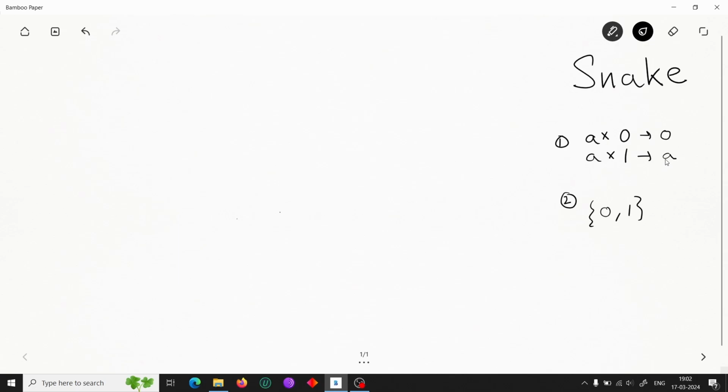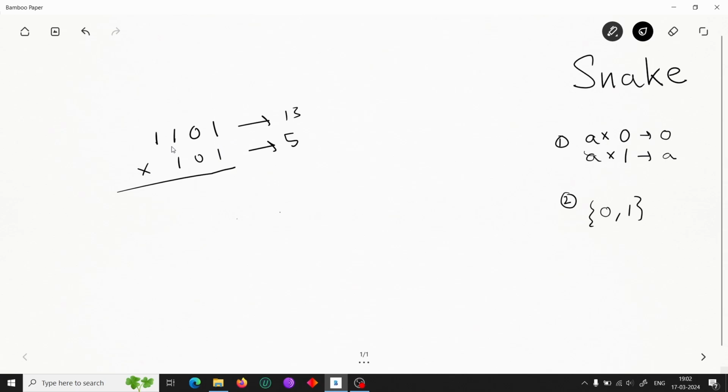Okay, let's see it in action. Let's take a binary number, say 1101, which is basically 13, and another, 101, which is basically 5. We are going to multiply this. Remember these two cases that I wrote down.